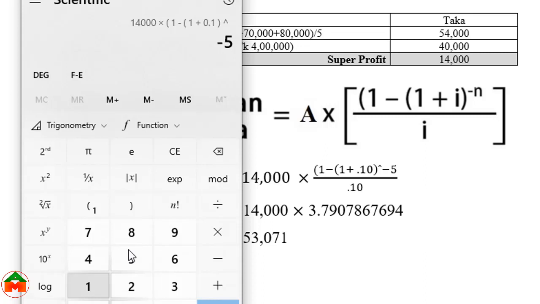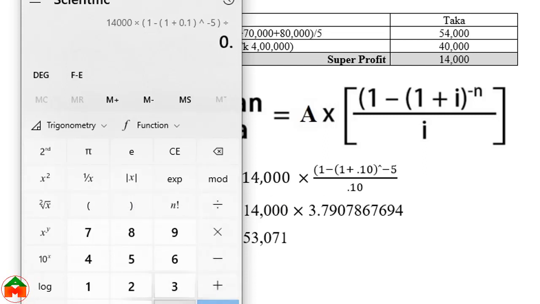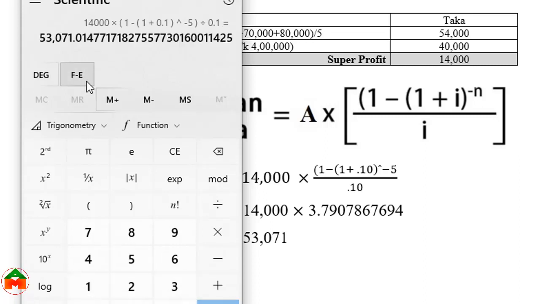We have written in this way 5 plus minus, which means the minus 5. Then for dividing by the 0.10, we will provide another bracket. Then divide by 0.1. So this is the ultimate result, 53,071. Using the calculator, we can get this amount easily.